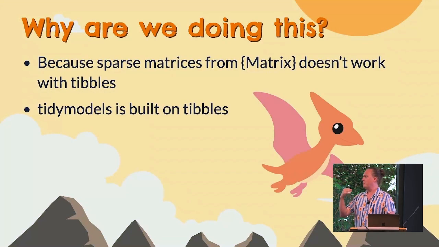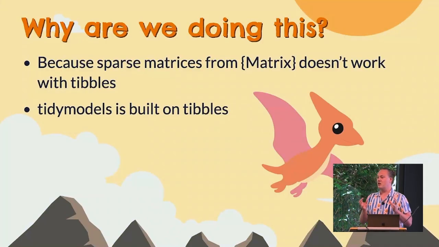So why are we doing this? I spent a lot of time talking about different things, but the reason we're doing this is sparse matrices and data frames or tibbles don't commingle at all. Additionally, a sparse matrix, by being a matrix, forces all the values to be the same type. So you can't mix factors and integers and dates.